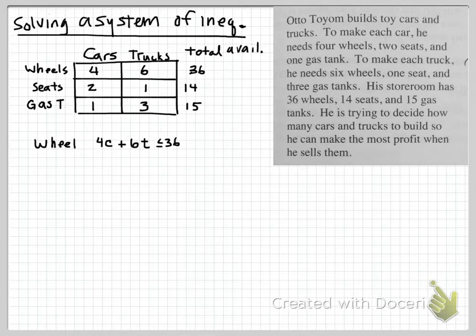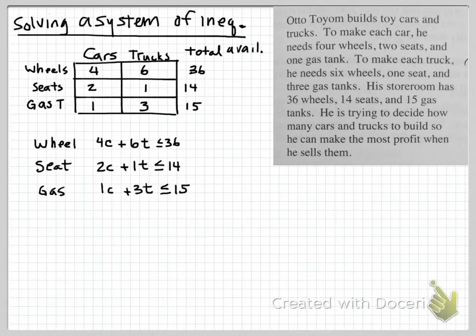He can make it with fewer wheels, but he can't make them with more wheels, and that's why we're using an inequality. I'm going to do the same thing for seats. So 2 per car and 1 per truck, and he can make any number of cars and trucks so long as he has up to only 14 seats, because that's all he has. And then finally we'll do the same thing with gas tanks.